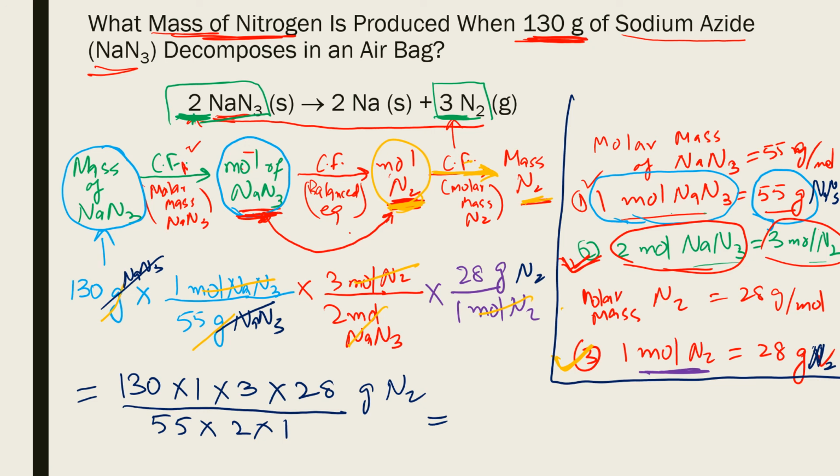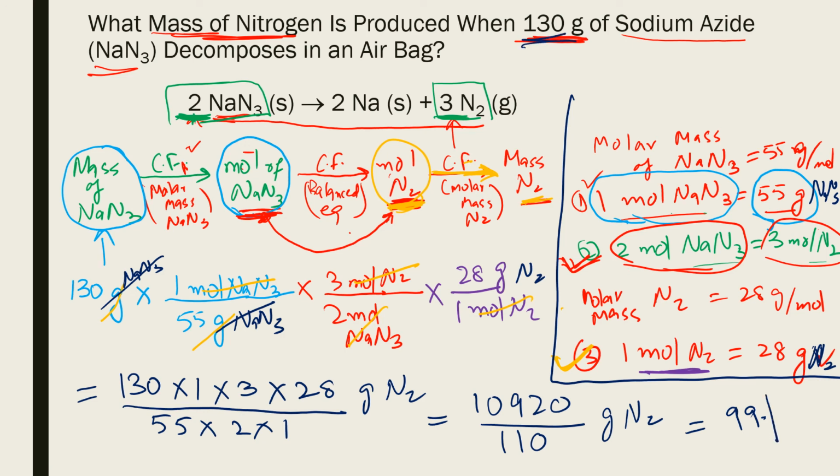I got 10,920 divided by 55 times 2, that is 110. When I divide it, my answer is 99.27. Only 2 significant figures are needed because our number is given in 2 significant figures.